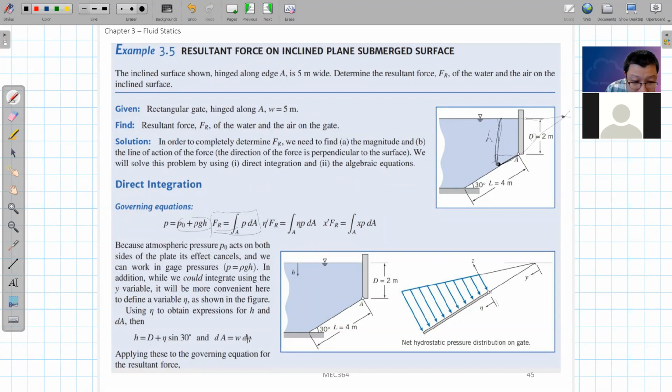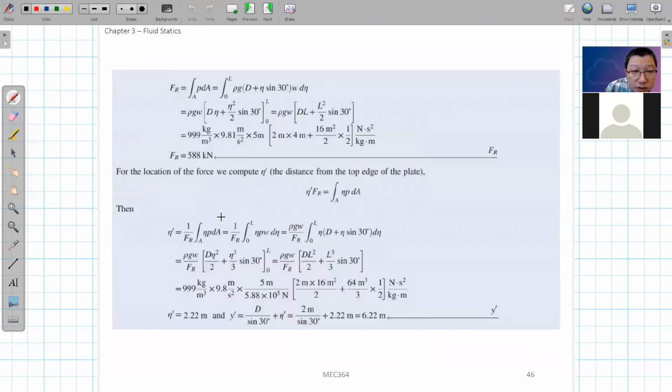You put this h into the pressure correlation, and put this dA in, so we can quickly calculate what the resultant force will be.